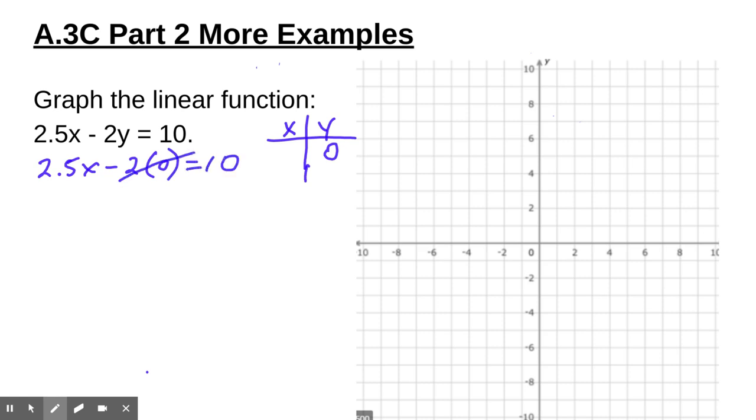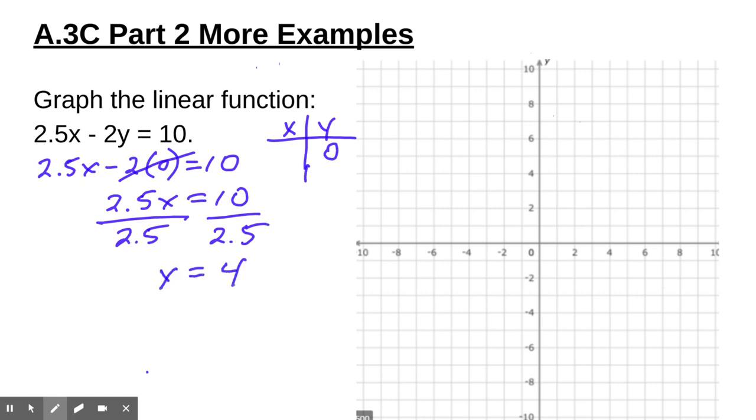That goes away, and we have 2.5x equals 10. Divide by 2.5, and we're going to get x equals 4. So we know the x-intercept is 4. I'll put that point right there.